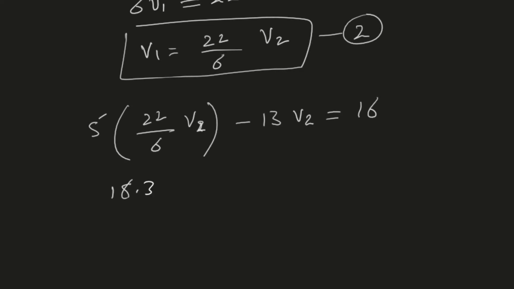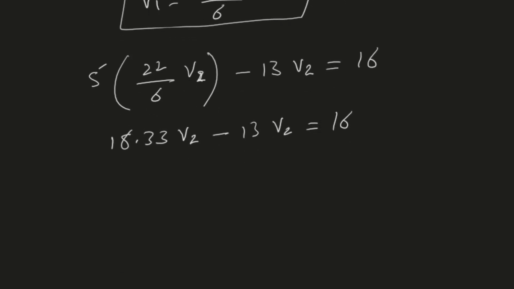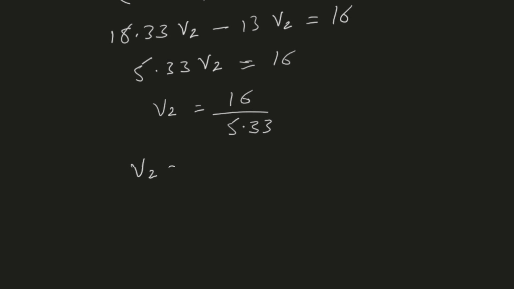So that's 18.33 V2 minus 13 V2 equals 16. So 18.33 minus 13 is 5.33 V2 equals 16. We can say V2 is equal to 16 divided by 5.33, and this is equal to 3 volts. So we found V2 to be equal to 3 volts.